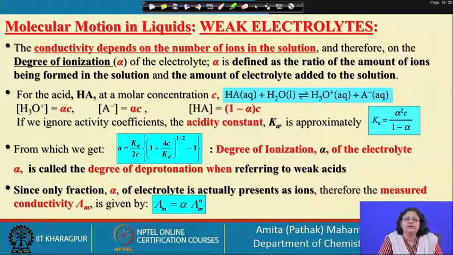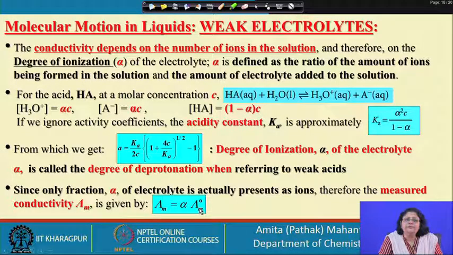So, to measure the conductivity at a given concentration, what you need to know is alpha. The measured conductivity at a given concentration, lambda, that is the molar conductance, will be nothing but alpha times the conductance at infinite dilution.